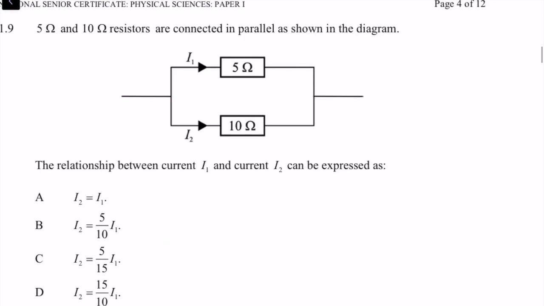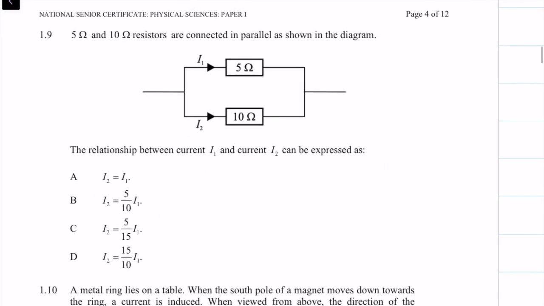Okay, so 5 and 10 ohm resistors are connected in parallel as shown in the diagram below. We want the relationship between I1 and I2, which can be expressed as the following. Okay, so first of all, I'm going to start off by saying the current going into this, I'm going to name current I. Then I'm going to express I2 and I1 separately.